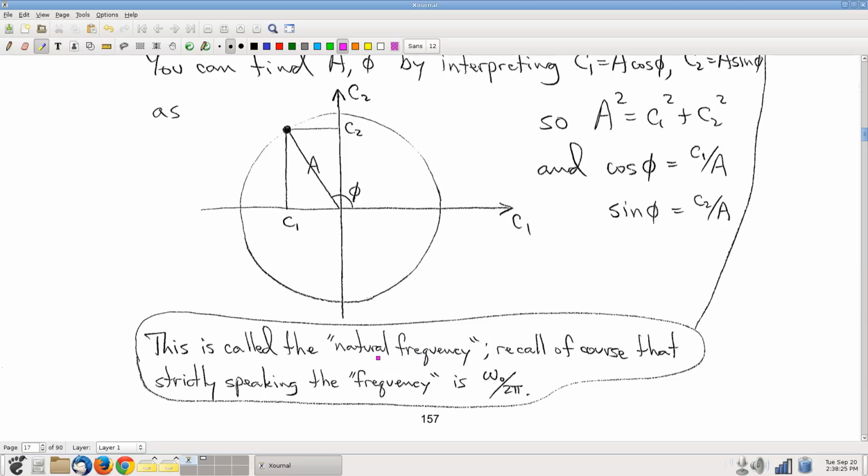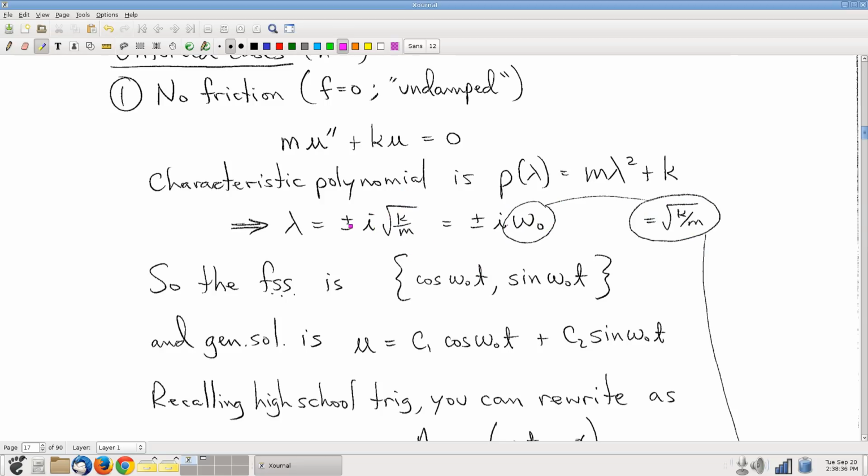The terminology natural frequency is a bit of an abuse. Don't forget, of course, that frequency is actually omega naught over 2 pi. Think back to your trigonometry class in high school. Nevertheless, the terminology is pretty standard, and it's just inconvenient to deal with that 2 pi all the time.